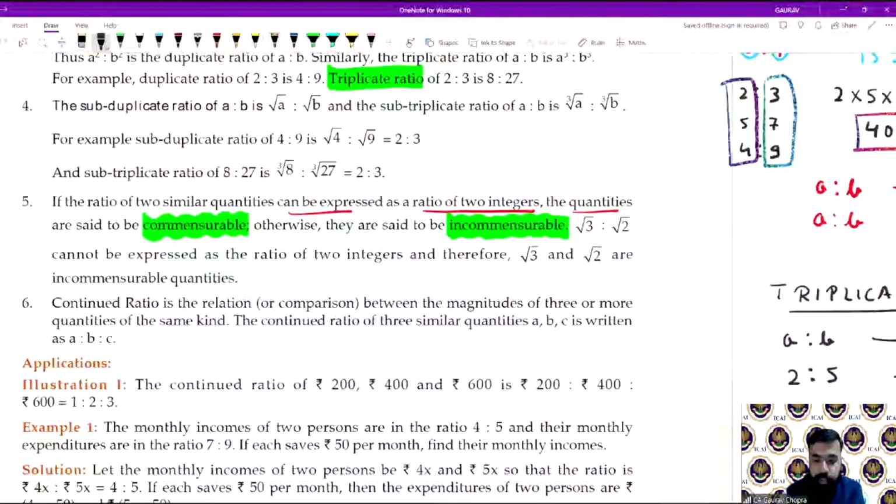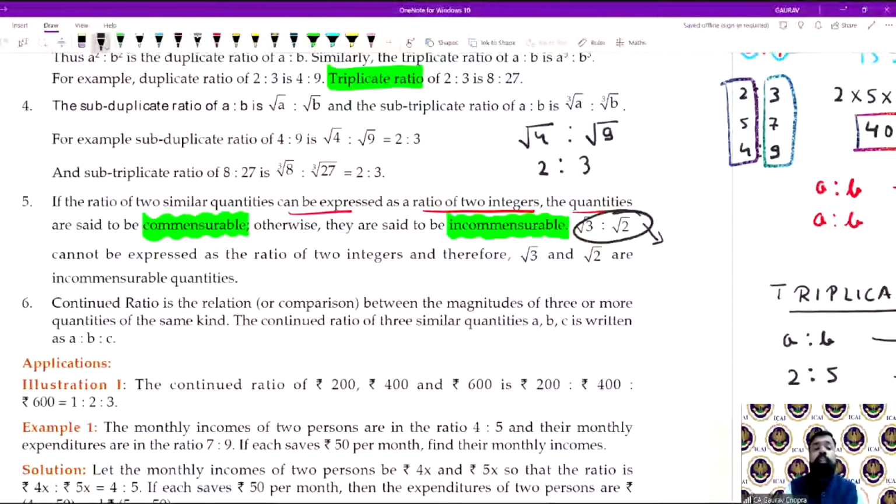Let's say we have root 4 ratio root 9. Now we know the root of 4 is an integer, that is 2. Root 9 is 3. This is also an integer. So we can simply express them as integers. But if root 3 and root 2 are given, root 3 is 1.73, so it is not an integer.